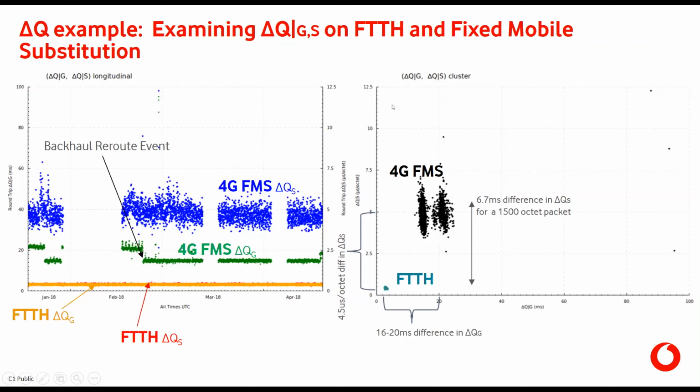But again, here, if we look at a plot of one against the other, we can see the fiber to the home performance is relatively low in terms of the given delay, and also relatively low in terms of the serialization delay. And we can see how you can compare and plot different performance of different access line types relatively straightforwardly between each other, and see how the different technology compares.